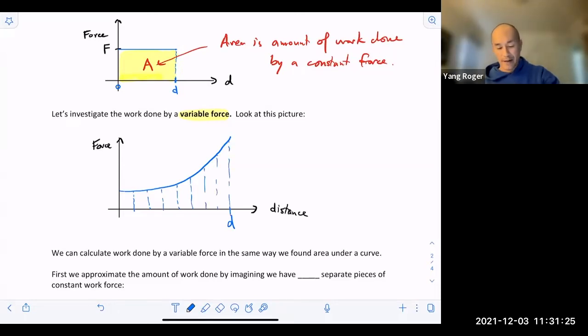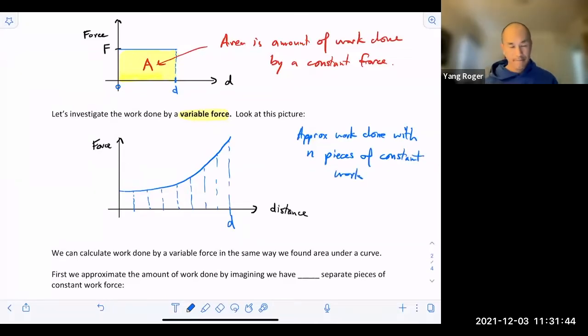Okay, so we're going to approximate work done with n pieces of constant work. So what you could do is calculate work with this, approximate it with the right endpoint. Something like this. Okay.